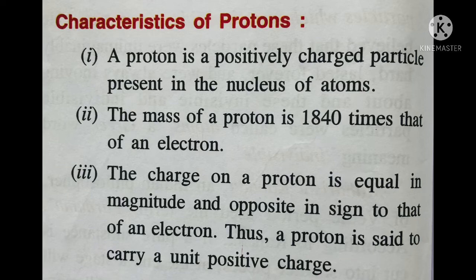And the third one is that the charge on a proton is equal in magnitude and opposite in sign to that of an electron. Thus a proton is said to carry unit positive charge.